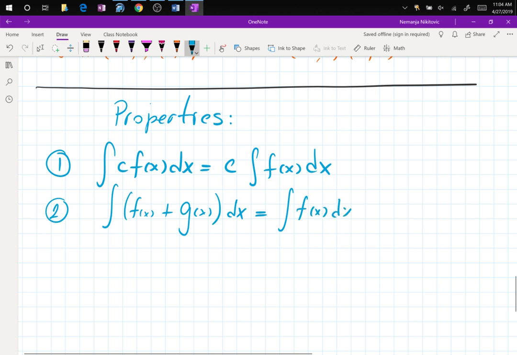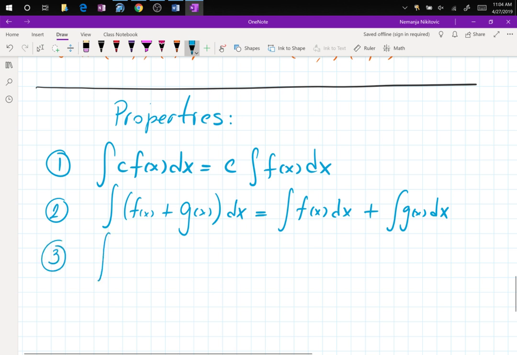Integral of f of x dx plus integral of g of x dx. So we have this rule, and you had the same rule for limits and the same rule for the derivatives. This rule just allows us to work term-wise, right? So if you have x squared plus 2x, you can just focus on x squared, integrate it separately from the other term, 2x.